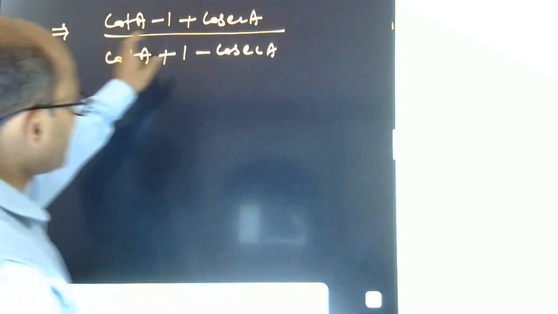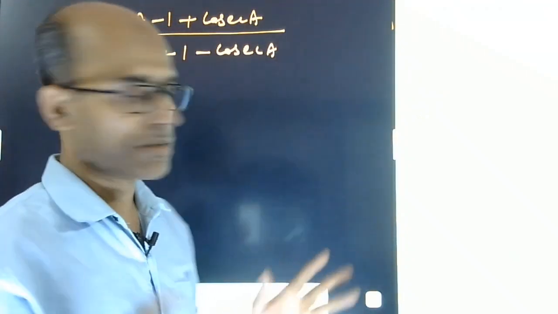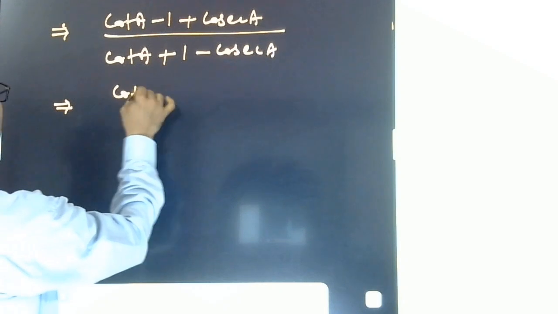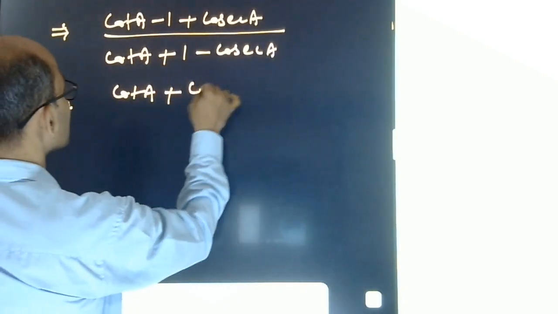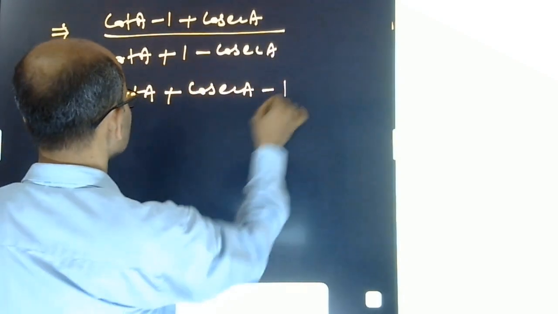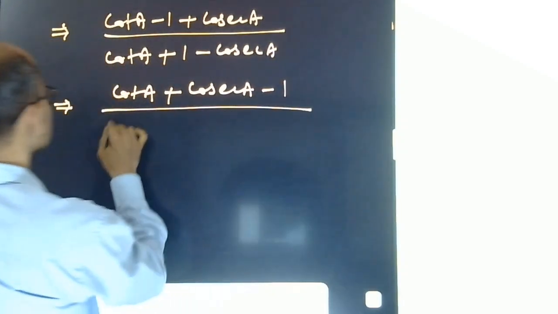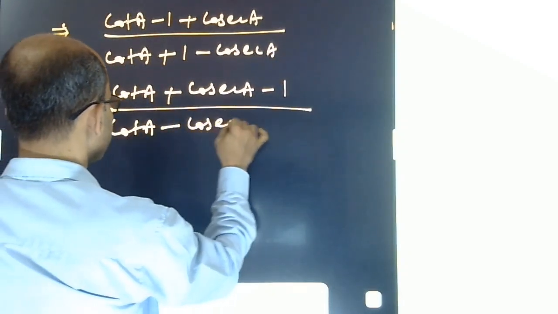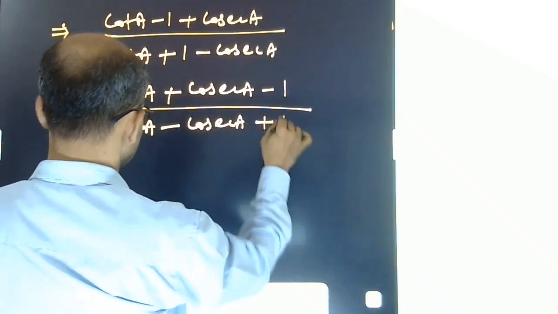Cot a minus 1 plus cosec a, cot a plus 1 minus cosec a. Okay, move on. What will you do? Cot a plus cosec a minus 1 and cot a minus cosec a plus 1.